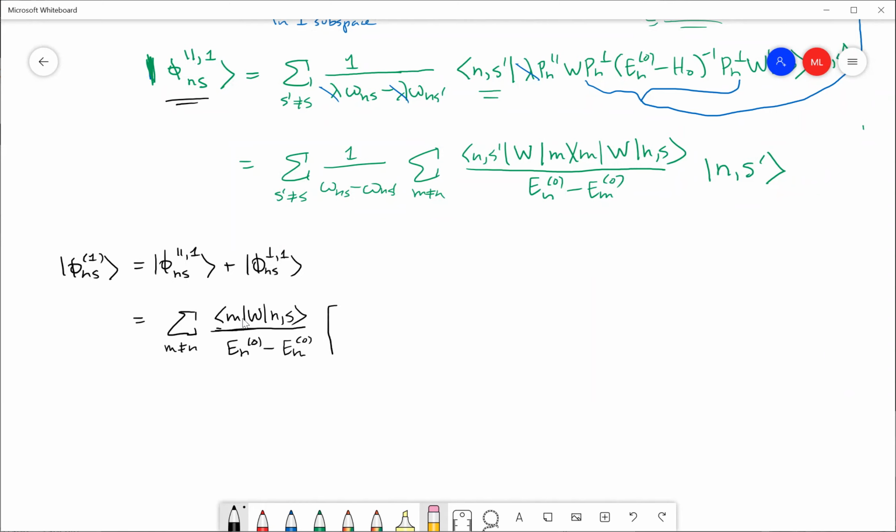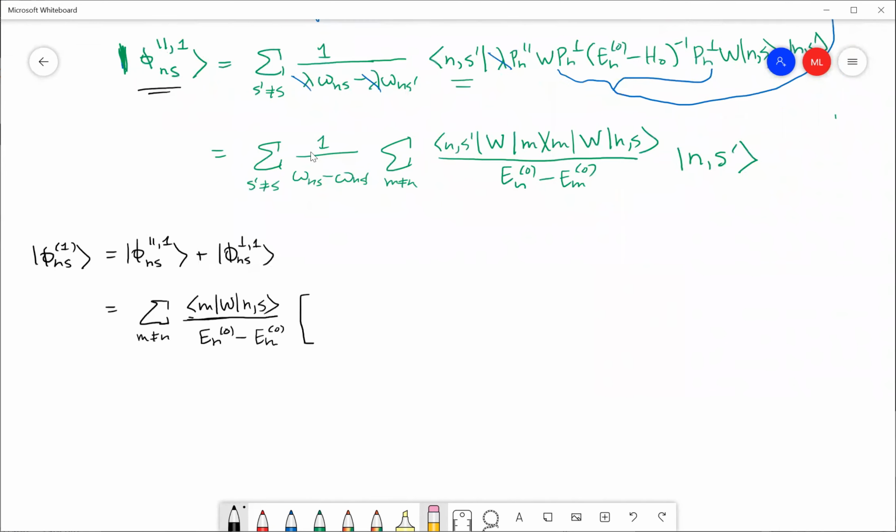And now we can exchange these summations. Nothing about these W's here depends on m, so we can exchange the m and s summations. And what we're left with is this m, which comes from that perpendicular subspace.